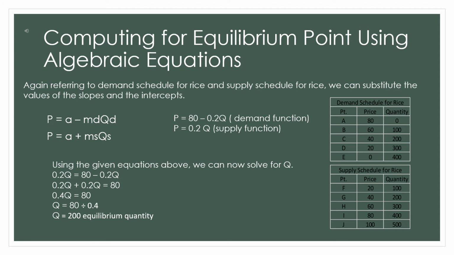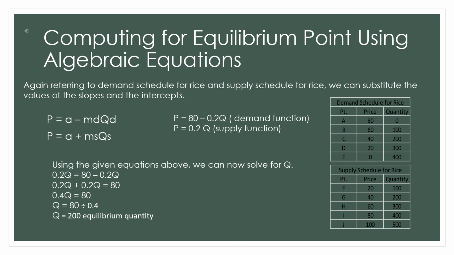So below, you will see 0.2Q, that is the supply function, equals 80 minus 0.2Q, that is the demand function. With that, using the functions for supply and demand, we can compute for the equilibrium quantity. We arrive at 80 divided by 0.4. So the equilibrium quantity is 200.